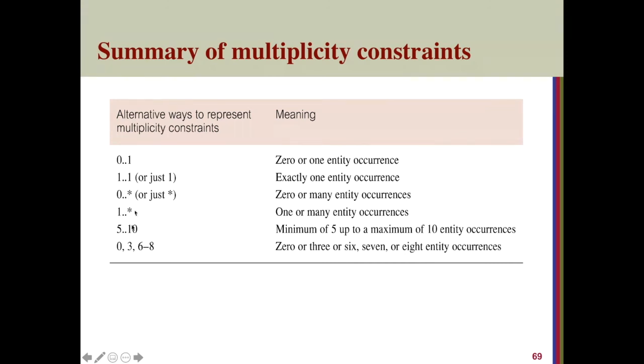Similarly, 1 to many, here 5 and 10. Minimum is 5 and maximum, it can be 10. So it can be 5, 6, 7, 8, 9, 10. And the last one, interesting, 3 different values. Possible values are 0 or 3 or 6, 7, and 8.